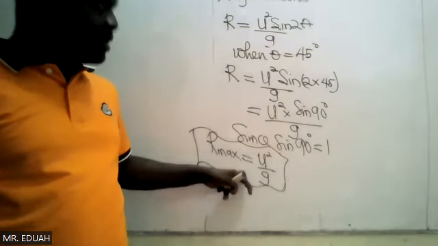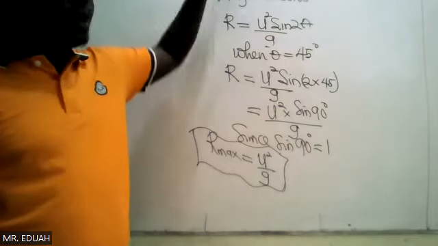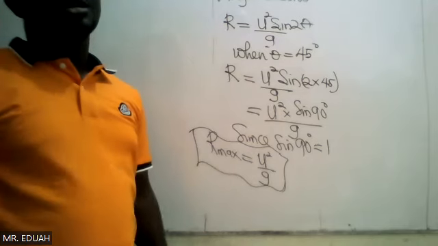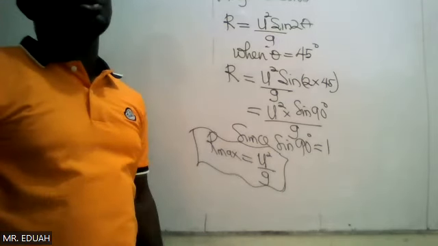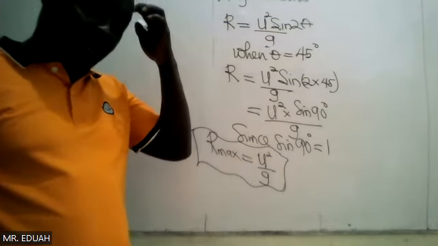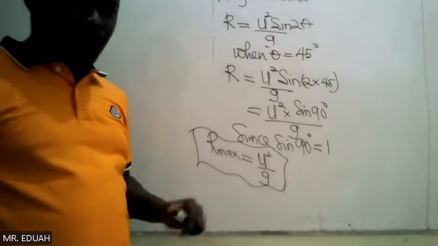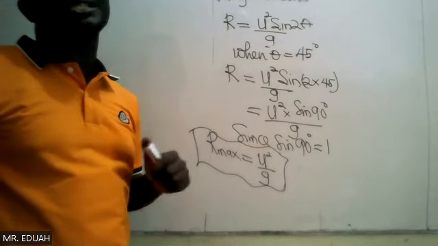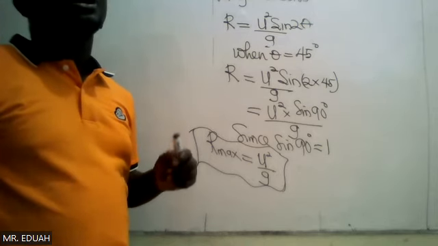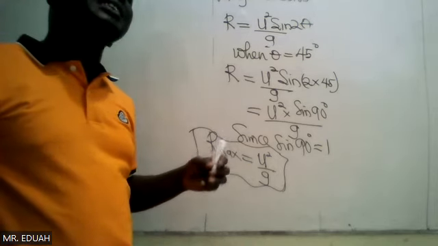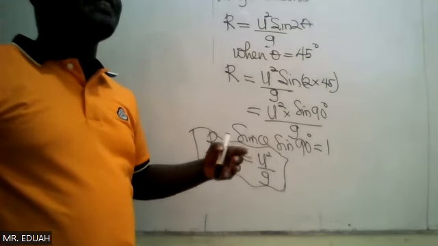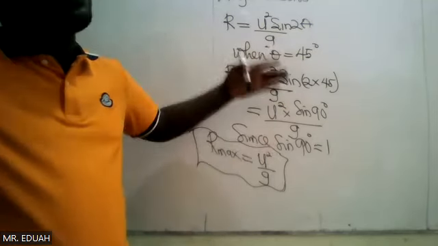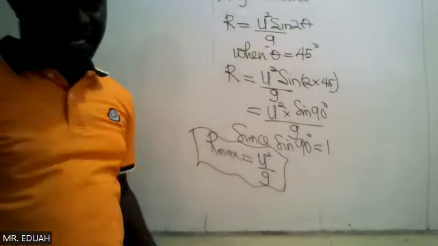So that's it. The difference between range and maximum range is that range is the total horizontal distance traveled. But when we talk about maximum range, we are looking at the angle that can give us the highest possible horizontal distance.